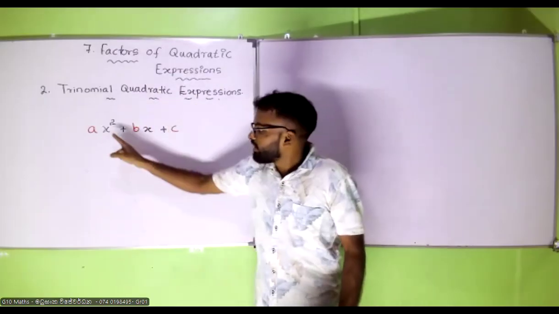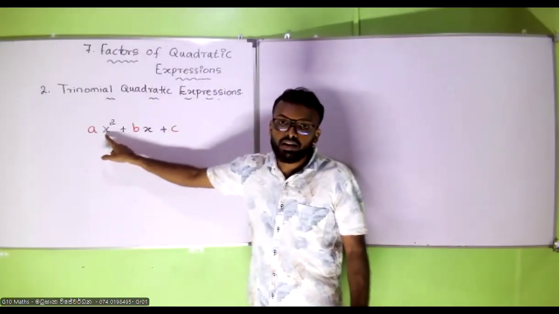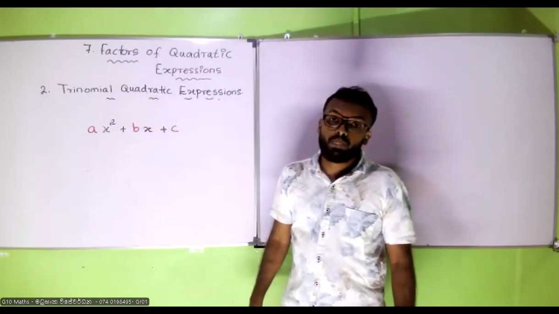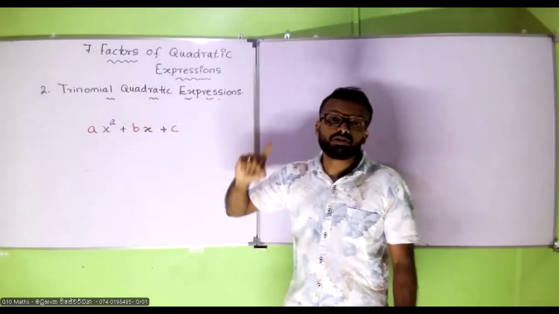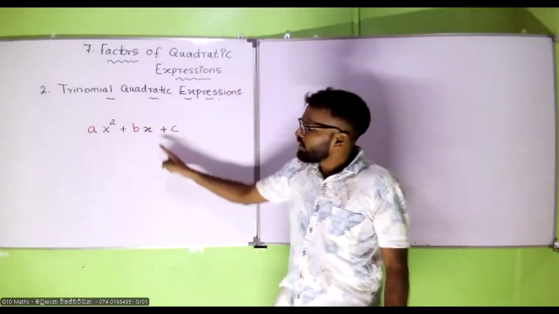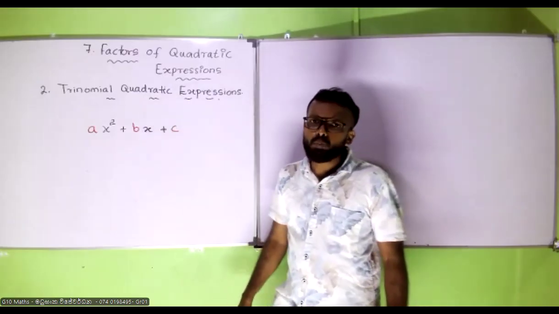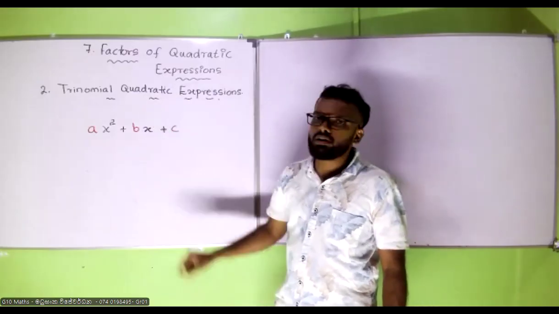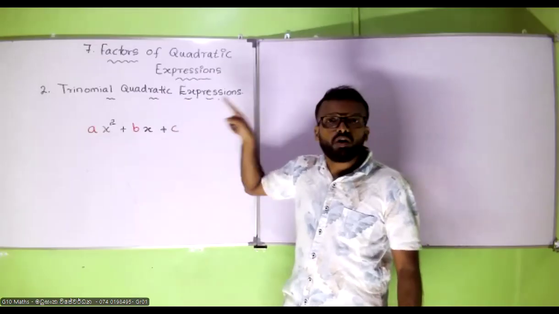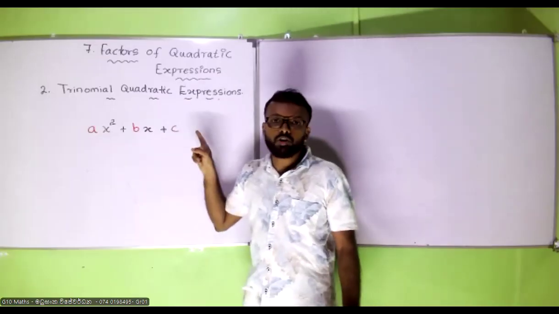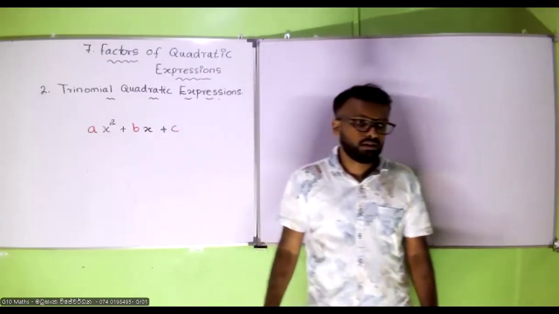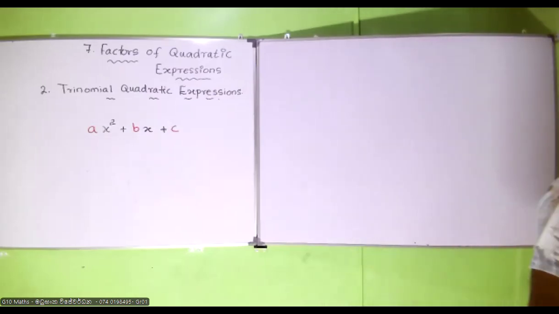Right? Here you have x to the power 2. X to the power 2 is x square. Here x to the power 1. X to the power 1. Here what do you have? What do you have here? What's that?